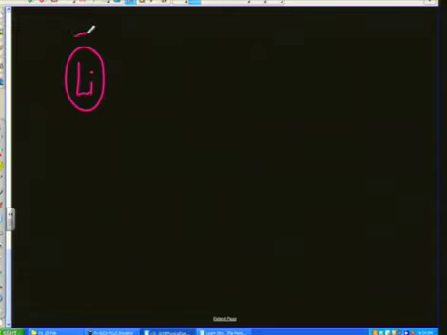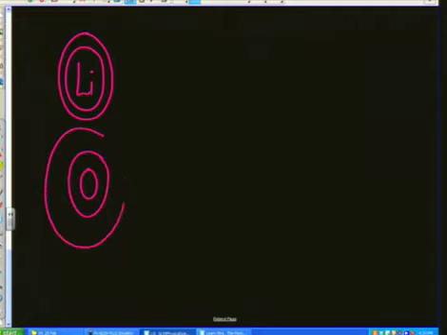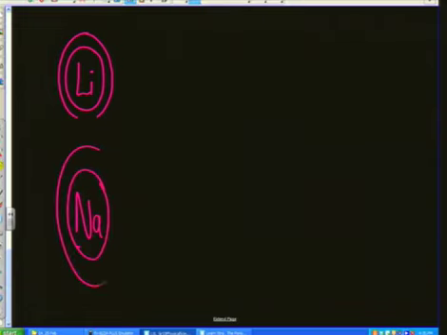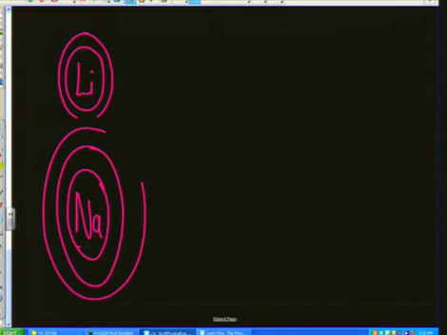Lithium has its 2 energy levels, sodium has its 1, 2, 3 energy levels. And I'm exaggerating these. That was sodium. Let me redraw the second part because I haven't drawn it particularly well. Let's redraw that quickly. It's going to have its sodium with its 1, 2, 3 energy levels.